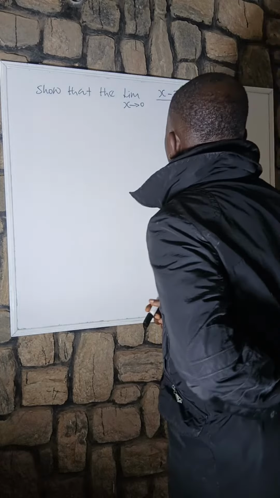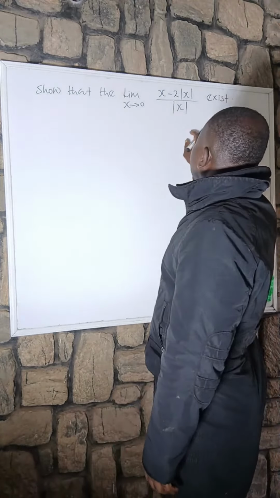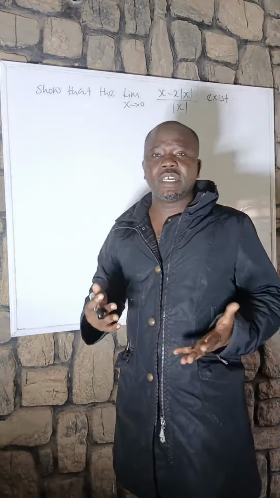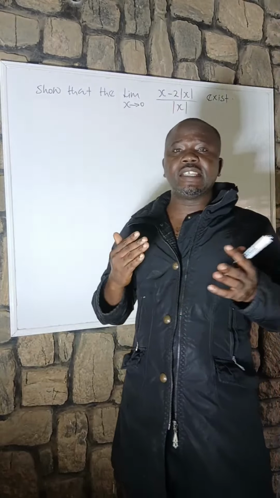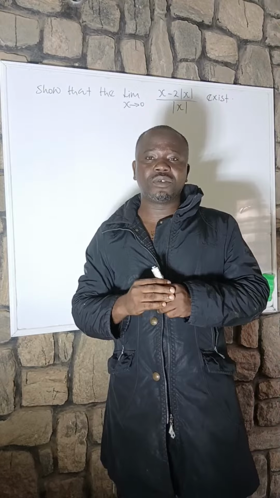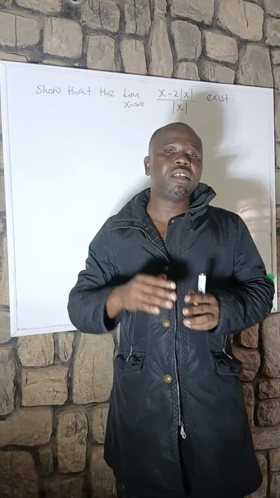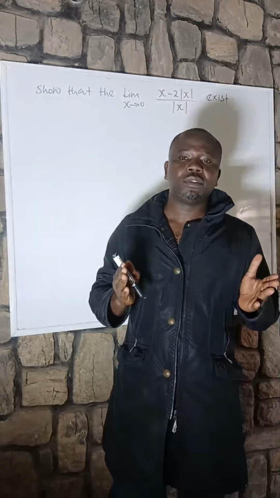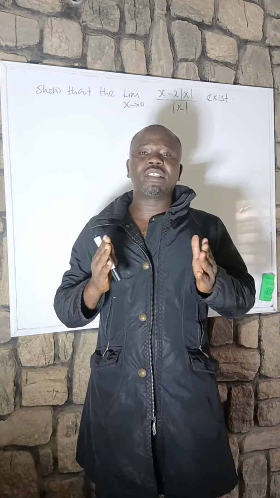So how can we show that this limit exists? It's as simple as ABC. For a limit to exist, it means the left hand side and the right hand side must what? Be equal. You must take note of that.